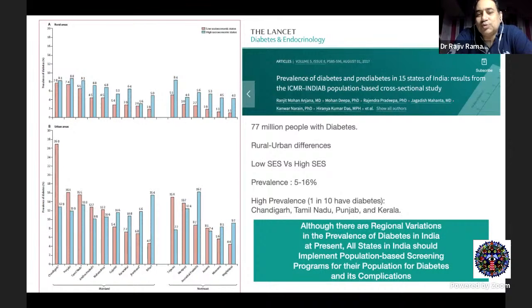And prevalence seems to vary from 5 to 16%. And there are certain areas like Chandigarh, Tamil Nadu, Punjab and Kerala, where 1 in 10 have diabetes. It's the areas of high prevalence. Though we see that there are regional variations in prevalence of diabetes across the country, all states in India should implement a population-based screening program for its complication, including diabetic retinopathy.